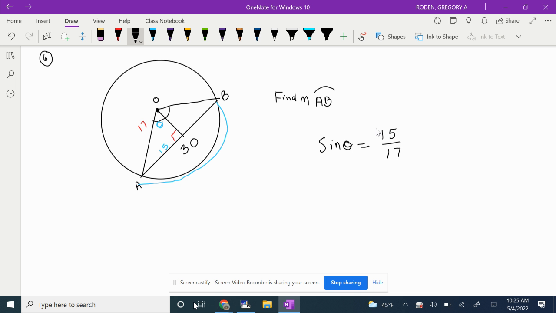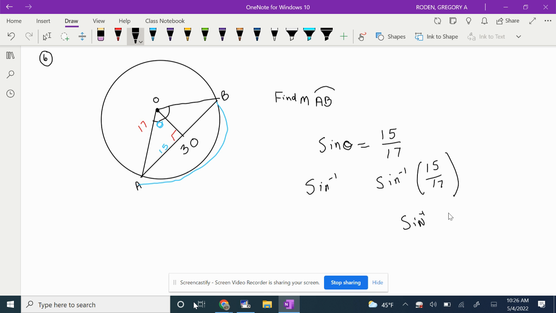So we are going to need trigonometry because we need the angle. And we're going to do it in degrees. How are we going to figure out what theta is? Take the inverse sine. So we're going to take the inverse sine of both sides. What is the inverse sine of 15 over 17?